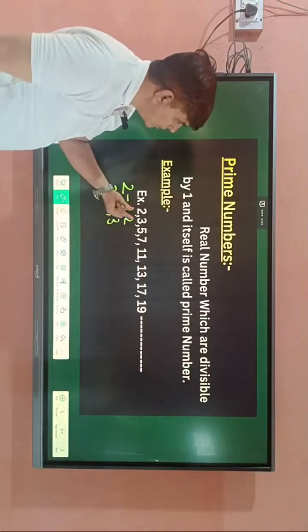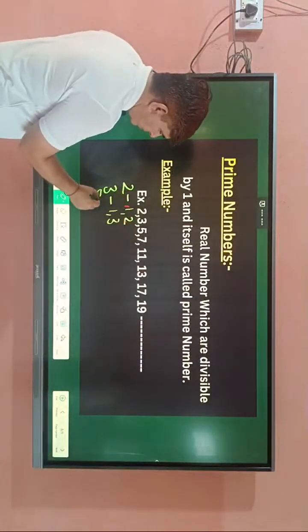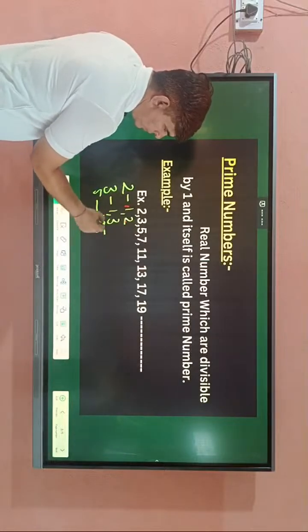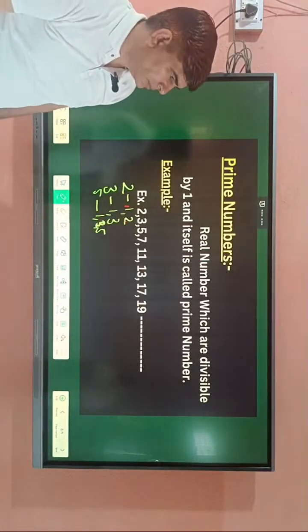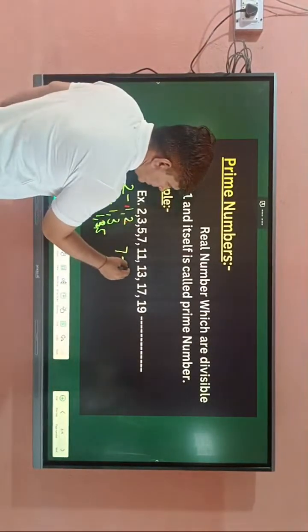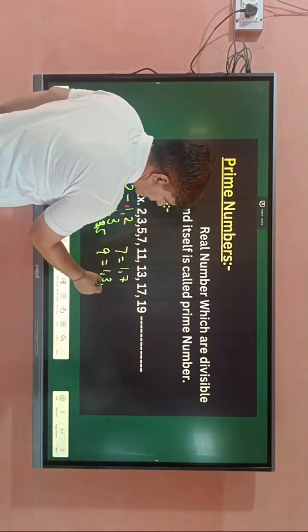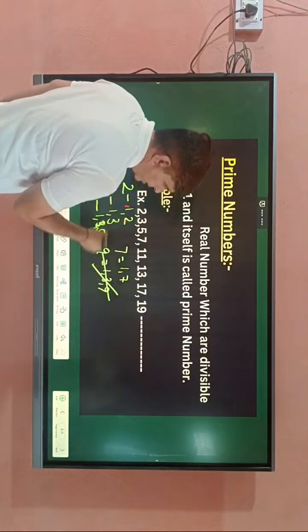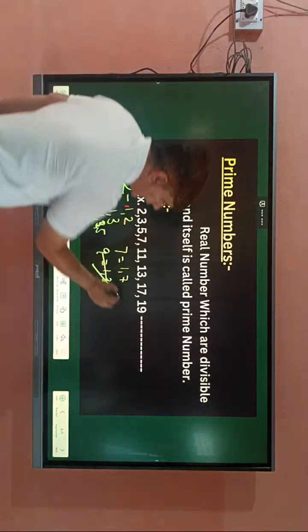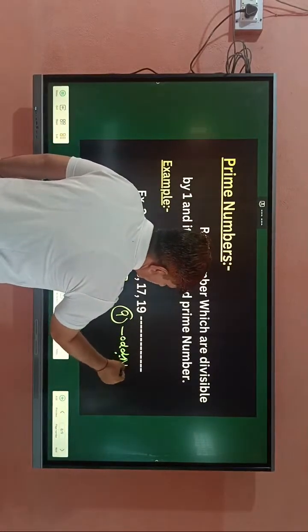So these are two numbers, 1 and itself. 5: 1 and 5. 7: 1 and 7. 9: 1, 3, 9, so this is not a prime number, but 9 is an odd number.